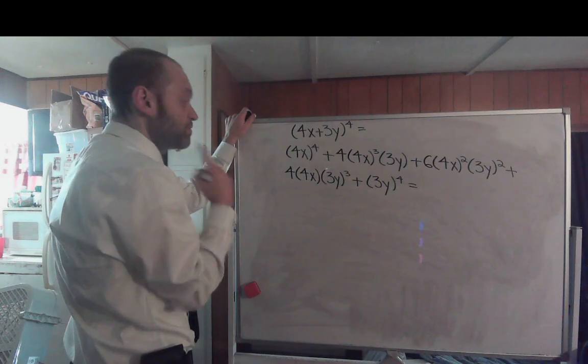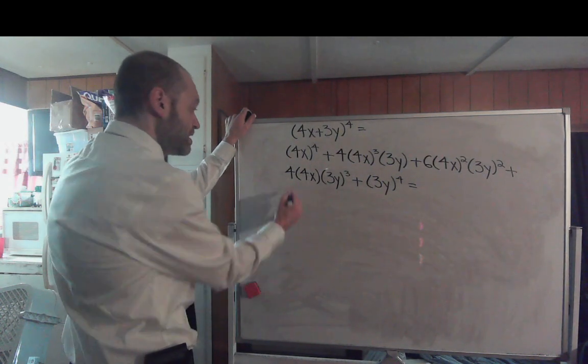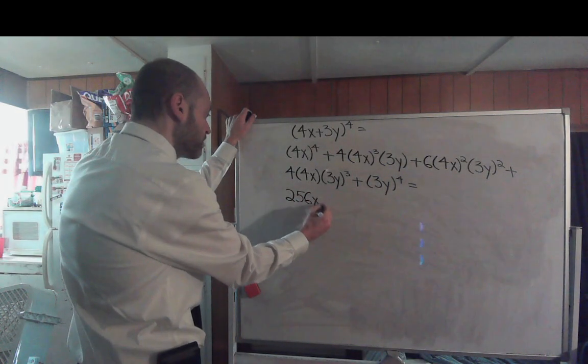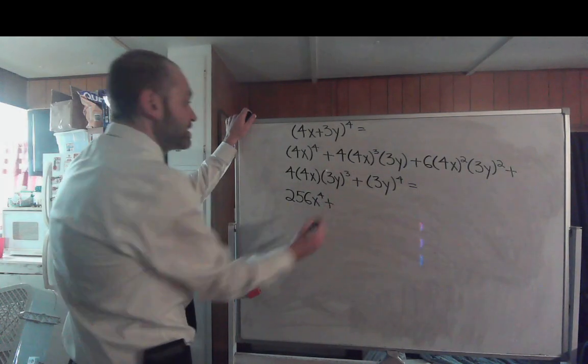Alright, so 4x to the 4th simplifies into 256x to the 4th, plus the next term.